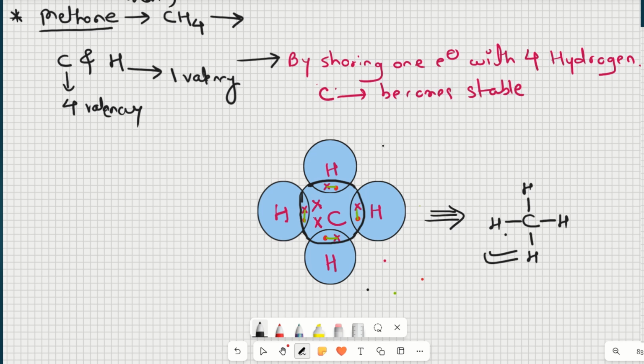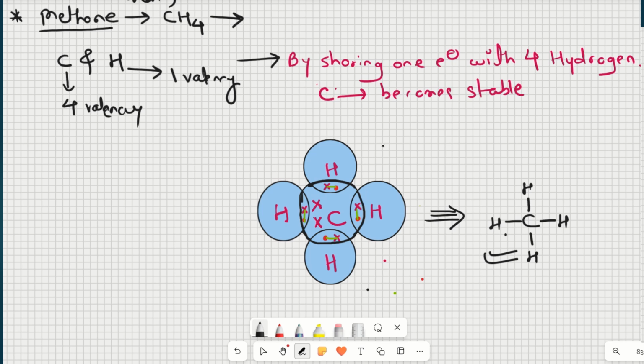So these covalently bonded molecules have strong bonds within the molecules, but the intermolecular forces are not that strong, like what we can see in ionic compounds. That's why they have low melting points and low boiling points.